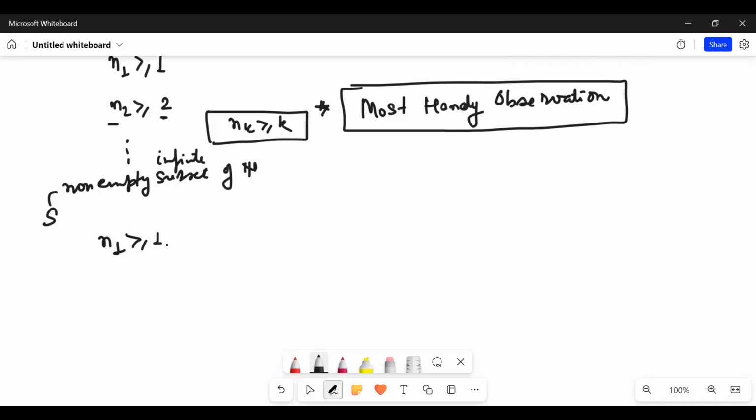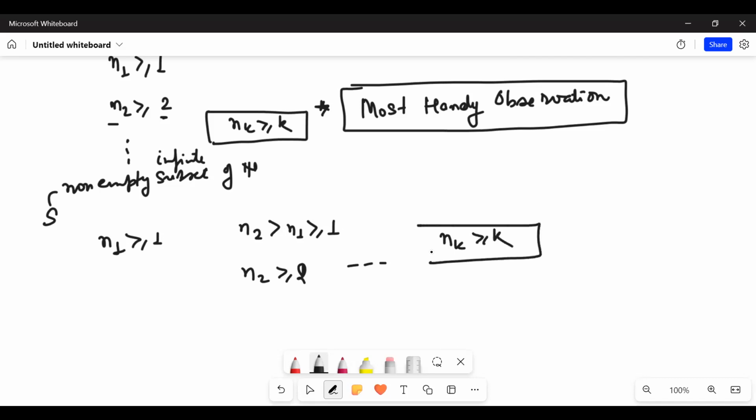If I remove this n1, the next element would be, let's say, n2. In any case, n2 would be greater than n1, and n1 is greater than or equal to 1. So n2 is greater than 1, and the next natural number is 2, so I can write n2 is greater than or equal to 2. In any case, you can write by induction that nk is greater than or equal to k. This is a very, very important result that you should keep in mind.